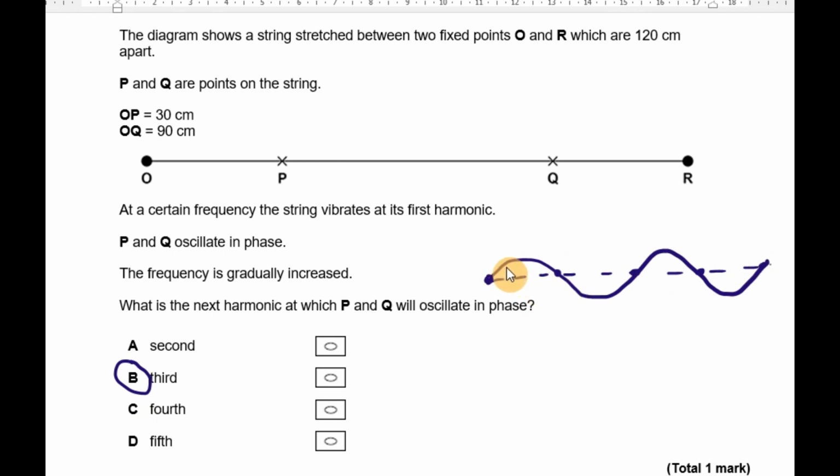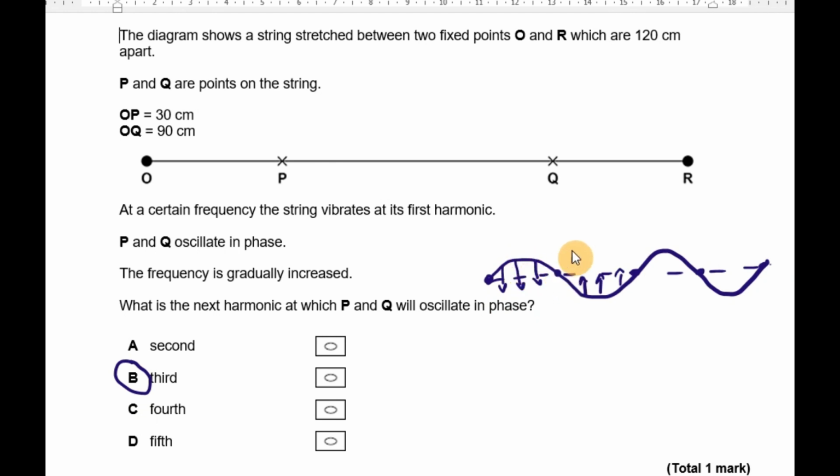Between the nodes, all the points oscillate at the same frequency with each other, all in the same phase of their cycle. If we move one node on, all the points on the wave are oscillating at 180 degrees out of phase with this first section.